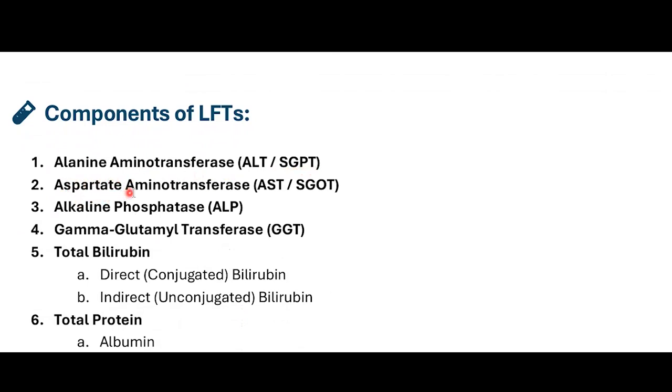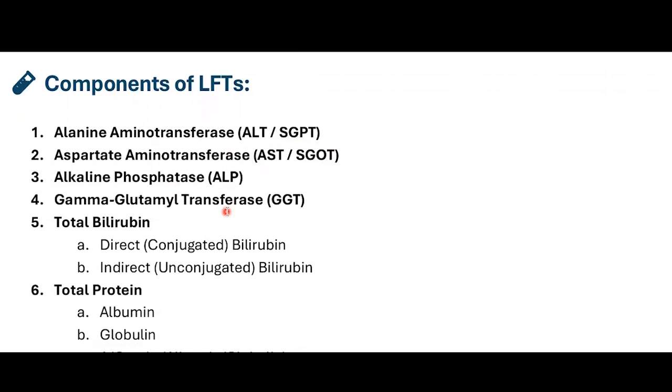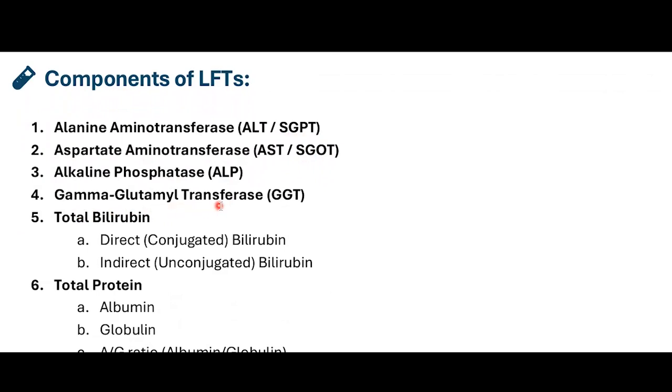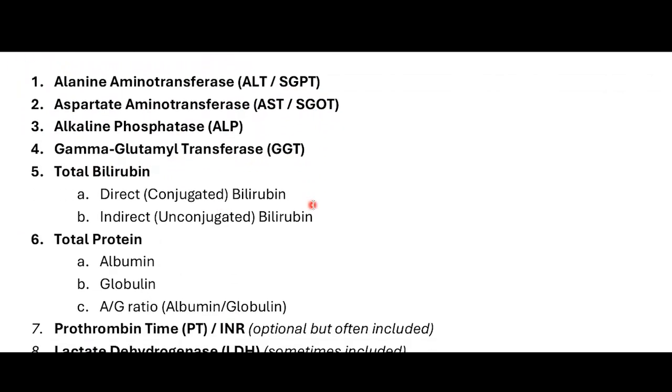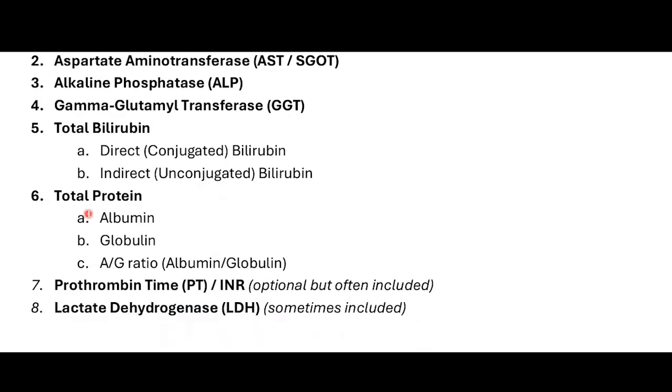Next is Aspartate Aminotransferase, AST, SGOT, Alkaline Phosphatase, ALP, Gamma-Glutamyl Transferase, GGT, total bilirubin, direct also known as conjugated bilirubin, indirect also known as unconjugated bilirubin, total proteins in which albumin, globulin, and the ratio of albumin to globulin, prothrombin, PT or INR.